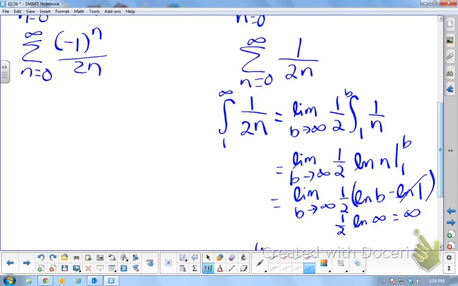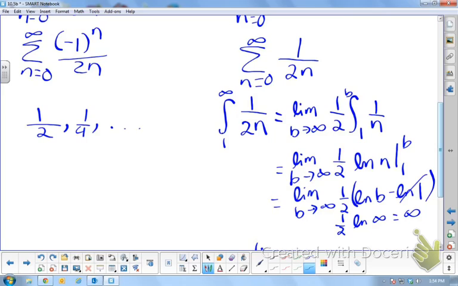Cool. Okay. This one's alternating, so we can just use the alternating series test, which is easier. We know this is getting smaller. We used it last time. I guess 1 over 0, though, doesn't really work. But the next term, 1 over 2, 1 over 4.